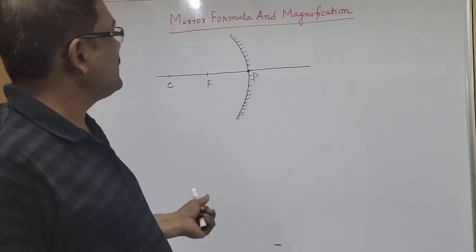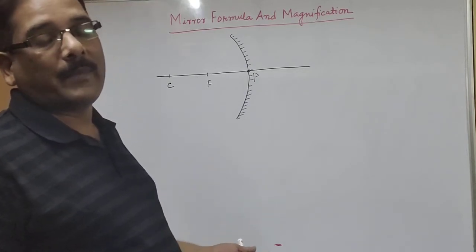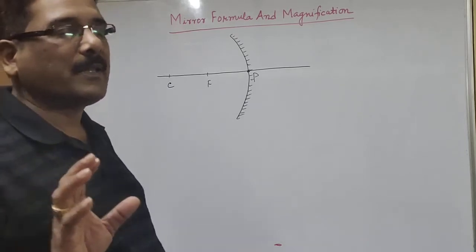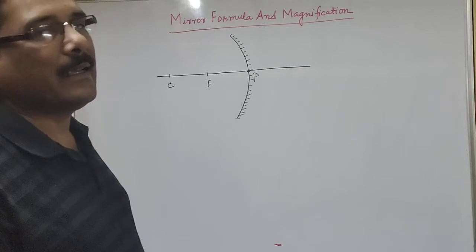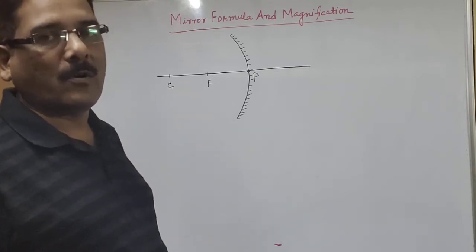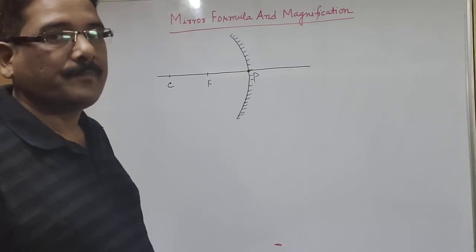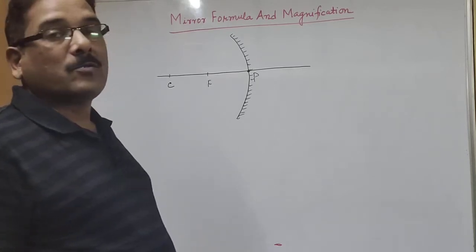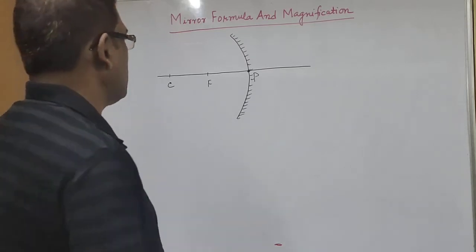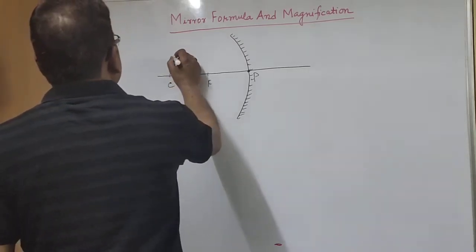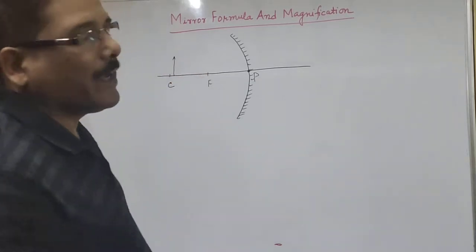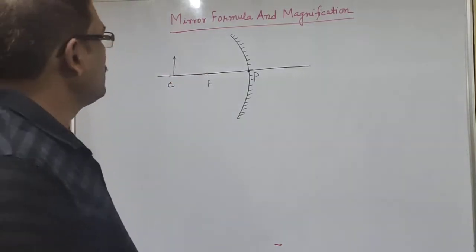But why is there a need of this mirror formula? Because for some cases, if I say object is at center of curvature, you can say image will also be formed at center of curvature. But suppose I say object is somewhere here. So where will the image be formed?